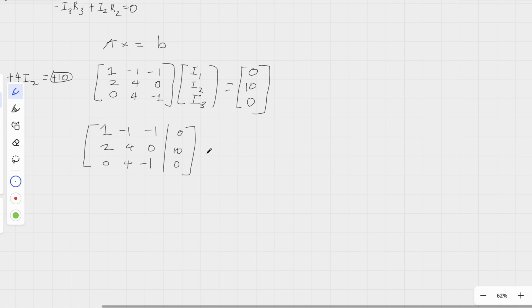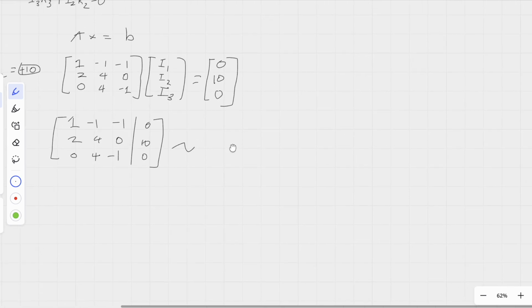Right, and then we can perform our elementary row operation. Here we do negative 2 times row 1 and add it to the second row. So row 1 stays the same.